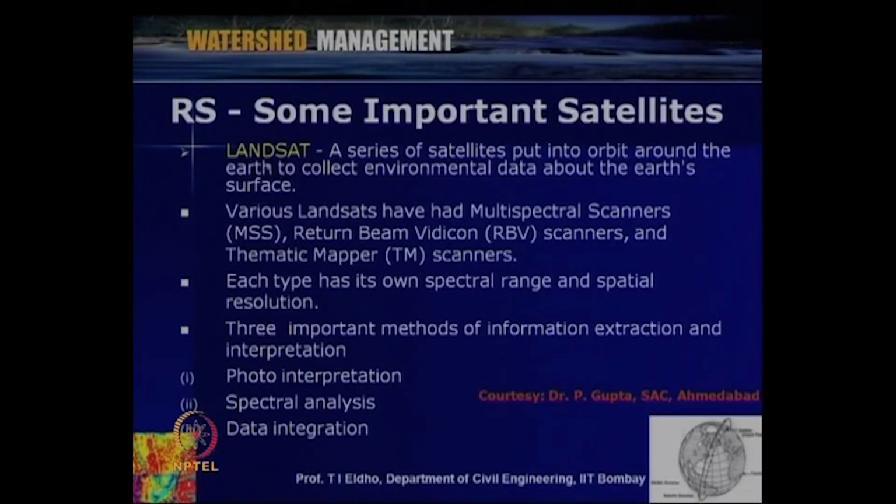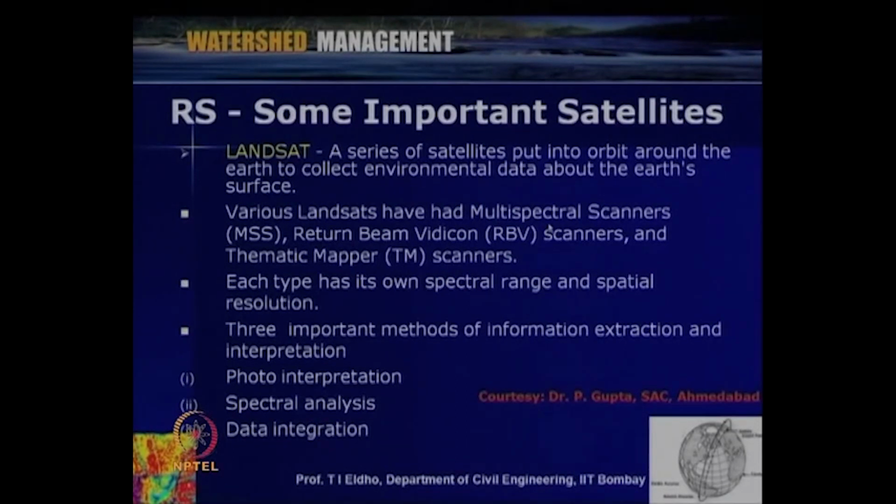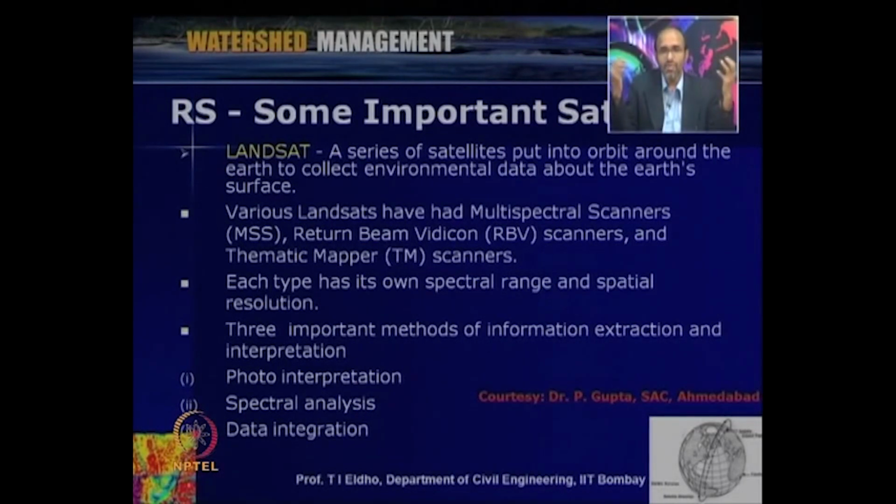This is specifically for remote sensing, and it can be for land related, ocean related or weather related purposes. Various Landsats have had multispectral scanners (MSS), then return beam vidicon (RBV) scanners, and thematic mapper scanners. Various countries like the US and other countries came together, and that is the system of a series of satellites available for remote sensing.